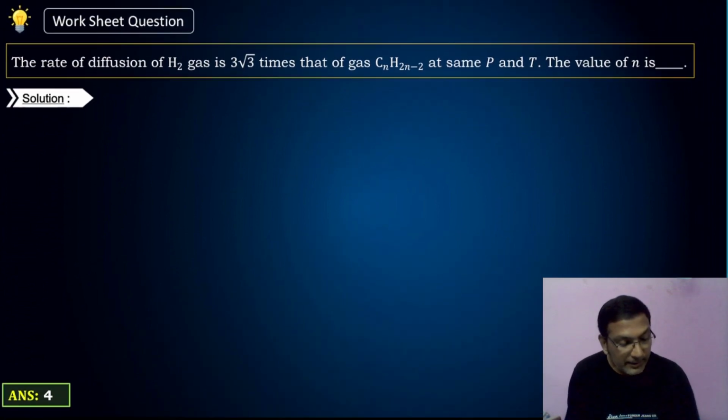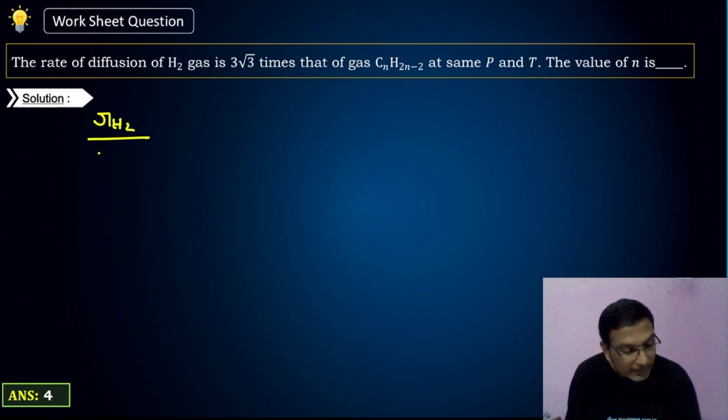Rate of diffusion of H2 is 3 root 3 times that of a gas having formula CnH2n minus 2. That is alkyne. So from this you can calculate n value by using Graham's law of diffusion. So first rate of diffusion of H2 by rate of diffusion of gas equal to root of molecular weight of gas by molecular weight of H2.